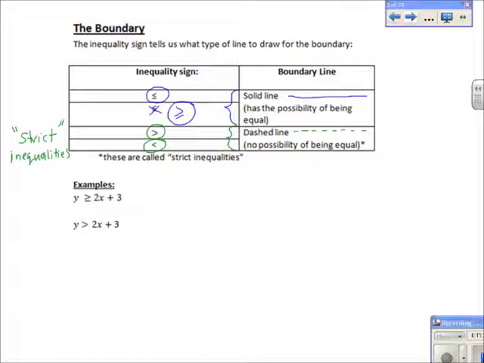All right, let's have a look at just an example then. I'm not going to graph these, but if I saw this linear inequality, number 1, and I was to go ahead and graph that, I would draw the boundary as a solid line, as I see that I have the possibility of being equal.